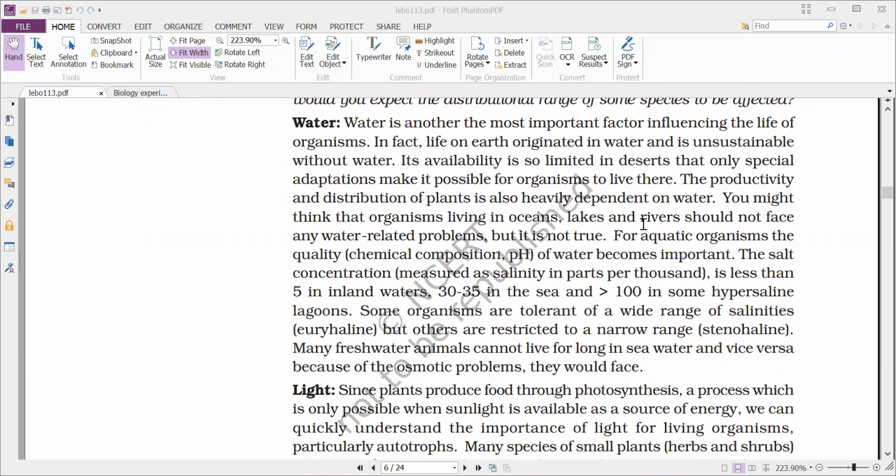At that time, in that estuary water, we find higher salinity. But the organisms living in that estuary are able to tolerate both lower salinity as well as higher salinity. That means they are able to tolerate a wide range of salinity. Those are called euryhaline organisms.